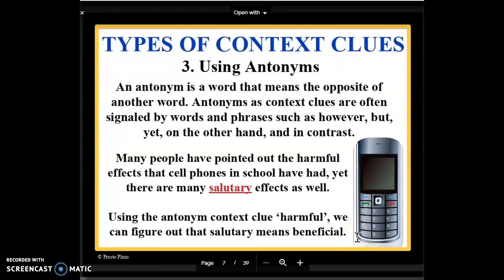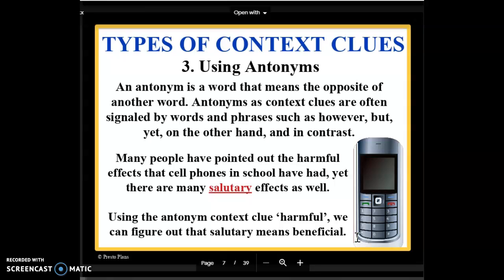Using antonyms. If synonyms are the same, antonyms are the opposite. An antonym is a word that means the opposite of another word. Antonyms as context clues are often signaled by words and phrases such as however, but, yet, on the other hand, and in contrast.